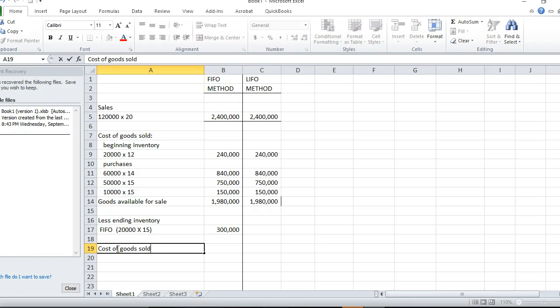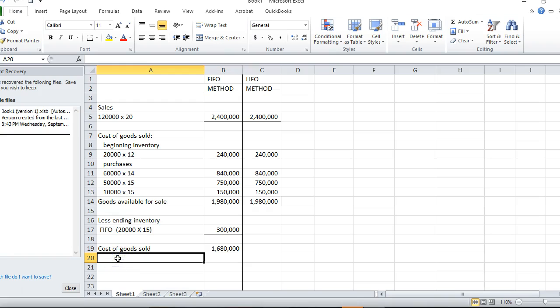Cost of goods sold using FIFO would equal our goods available for sale of 1,980,000 minus our ending inventory of 300,000, or 1,680,000, right?